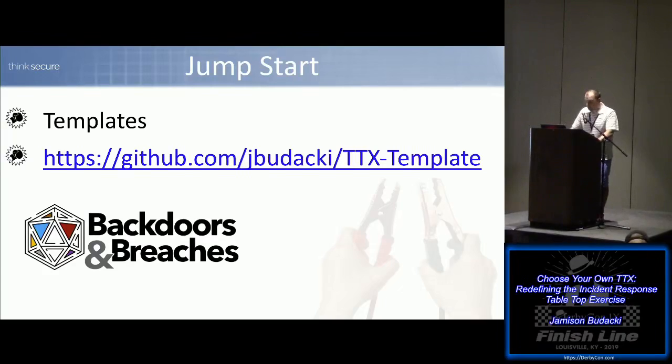I got 4 minutes left if anybody has any questions. Do you have all your players in the room waiting for the inject to hit them, or were you dynamically building your response team? That's a good question. The question was something along the lines of, did you have everybody in the room, or were you adding people as things popped up?